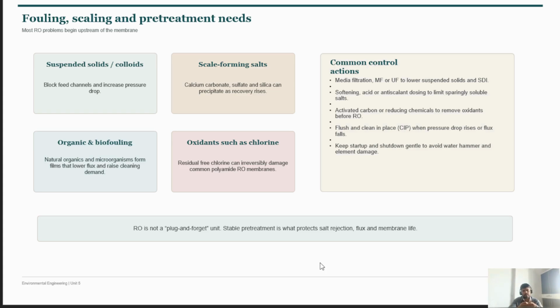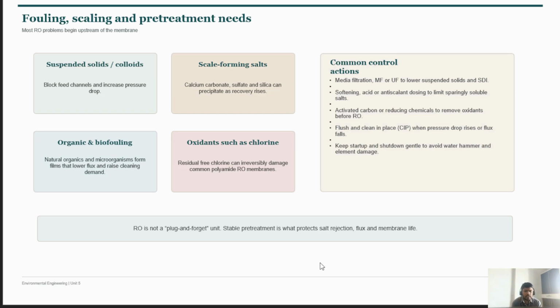If certain kinds of microorganisms are present, they may form a biofilm on the membrane, and that will lower the flux and raise the cleaning demand. So cleaning frequency will increase. So that again causes a problem in the membrane filtration.